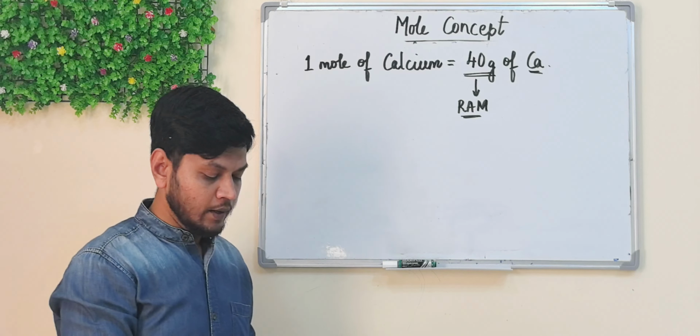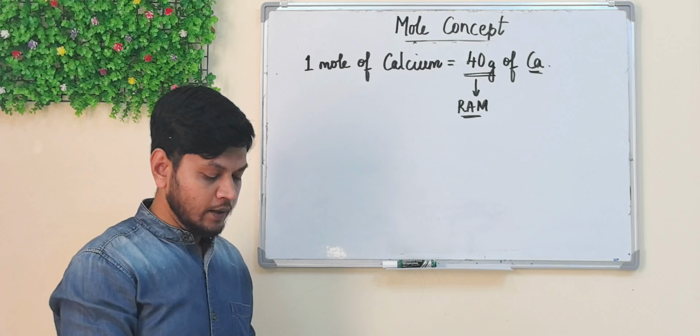And you know that 1 mole of any substance will have how many particles in it? So that means it will have 6.02 into 10 to the power 23 atoms of calcium. Okay. So now let's take one more example. 1 mole of hydrogen, and hydrogen here it's a molecule, it's H2, it is not just H. So the mass of each hydrogen is 1, but there are 2 hydrogens, so 2 grams of hydrogen will have 1 mole of hydrogen.